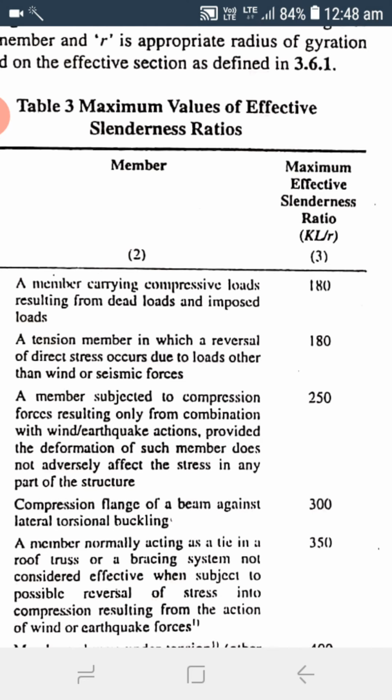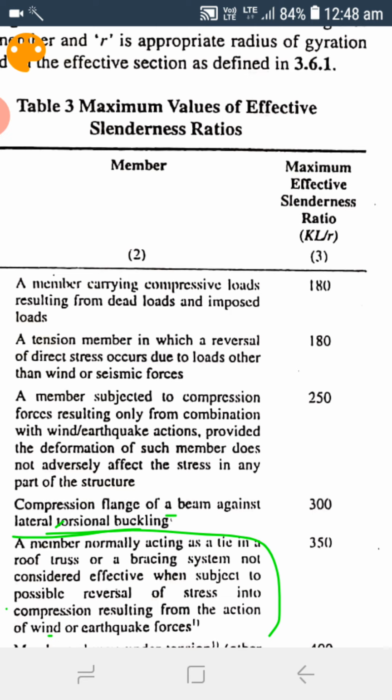And for our case they mentioned this one, a member normally acting as a tie in a roof truss or a bracing system not considered effective when subjected to a possible reversal of stress into compression resulting from the action of wind or earthquake forces.